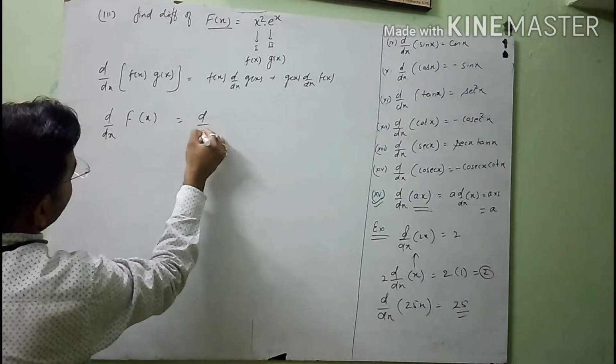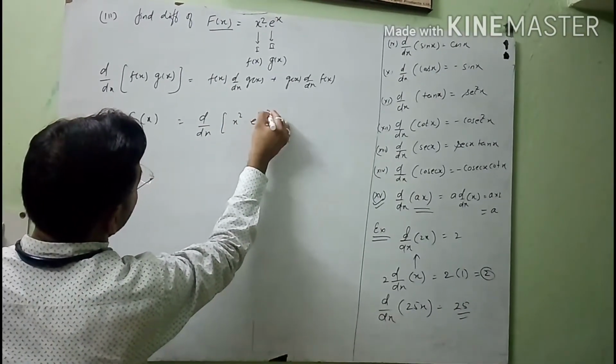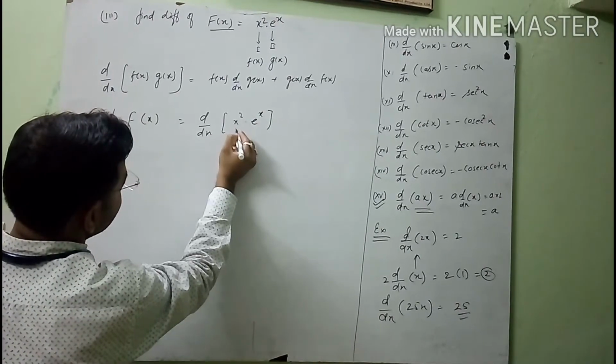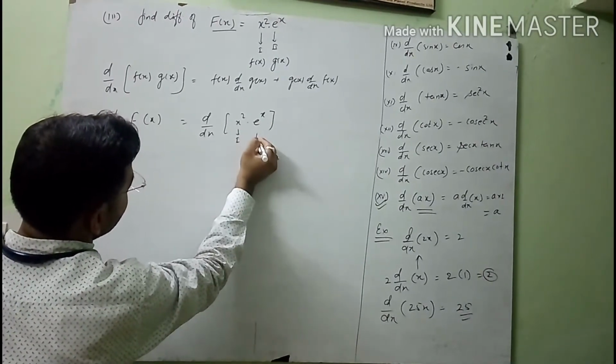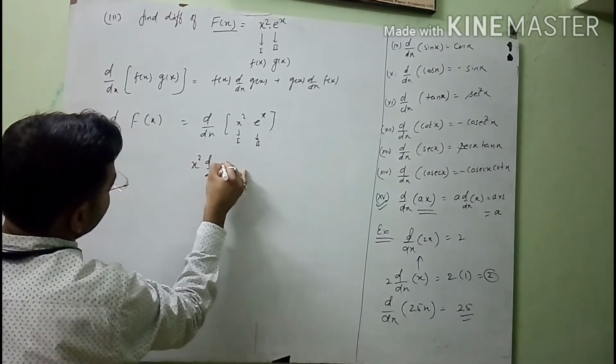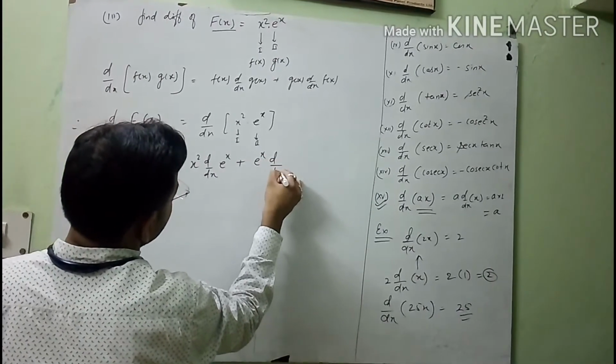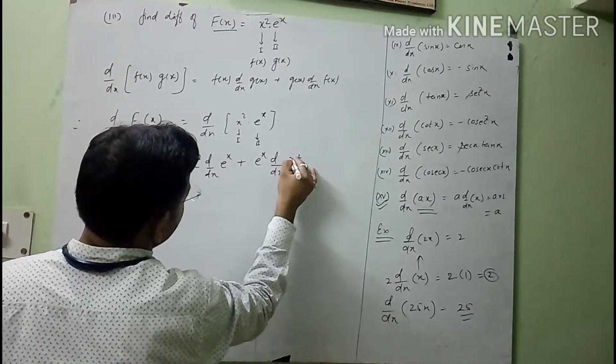Say d upon dx of x square into e raised to the power x. First of all, I will write this. This is our first function. This is our second function. See here, first function into differentiation of second function, plus second function into differentiation of first function.